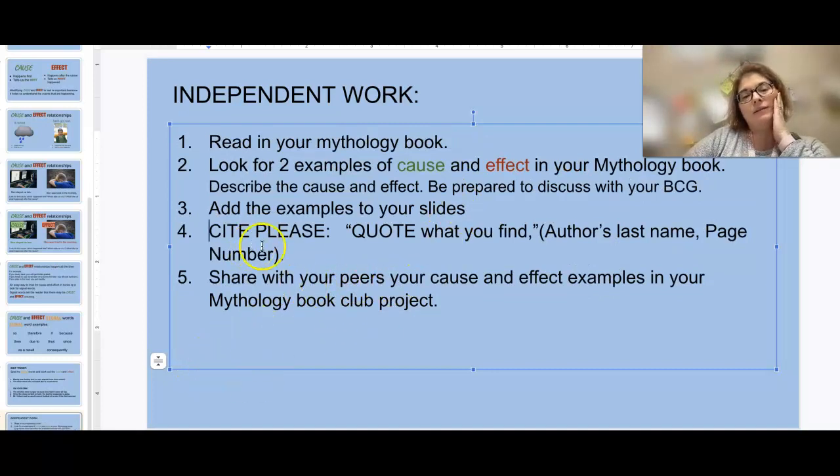Quote what you find. This is how you do it. Quotation marks. And then you put the author's last name and the page number, and then in parentheses and a period. That's how you do it, okay?